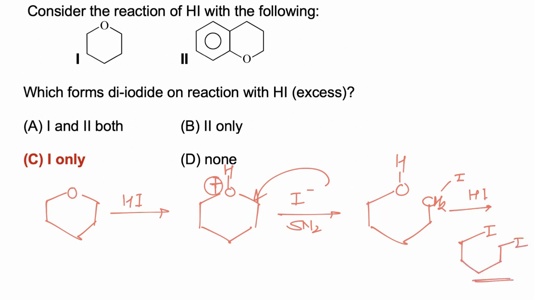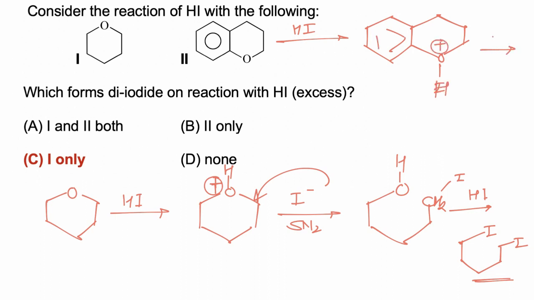So this is formed. Now in the second case, if this molecule is reacted with HI, first it will get protonated to form an oxonium ion. Now I negative will act as a nucleophile at the less crowded side.